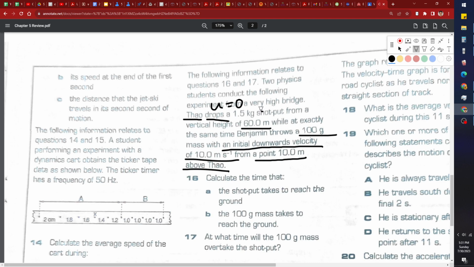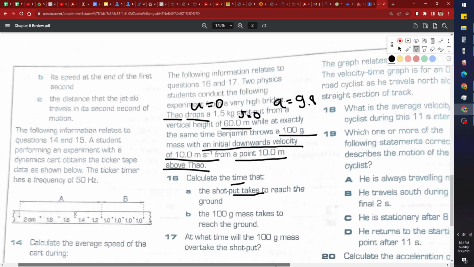But the distance she travels is 60. That's relevant. And because she drops it, A is a positive value, 9.8 meters per second squared down. Okay. So we want to find T. Okay. So I'm just going to move over here.